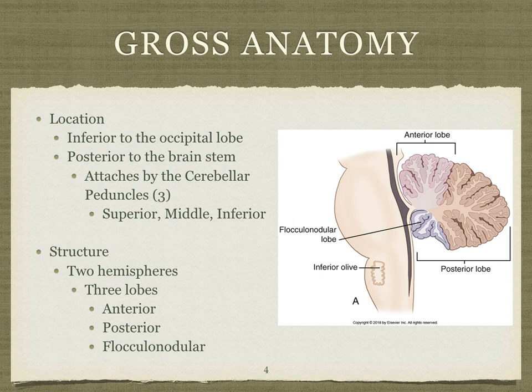That arbor vitae is the white matter being shown there, that tree-like formation. The main location of the cerebellum is inferior to our occipital lobe and posterior to our brainstem, mainly around the pons area of our brainstem.